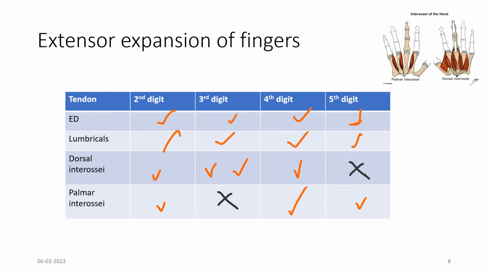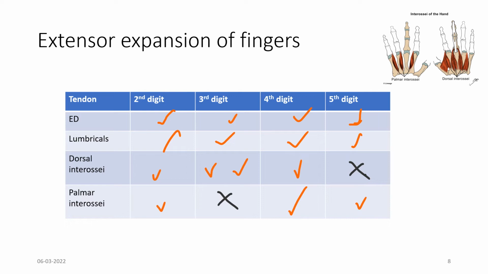Why? Because the axis of the movement is the middle finger in the case of the hand, and along the axis the movements of abduction and adduction take place. And here you recollect the palmar interossei are adductors towards the middle digit.